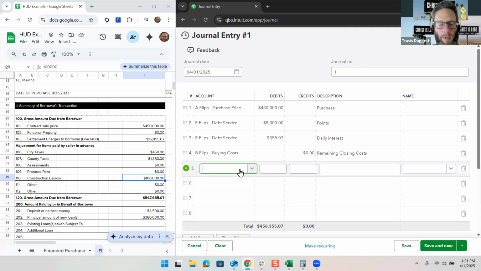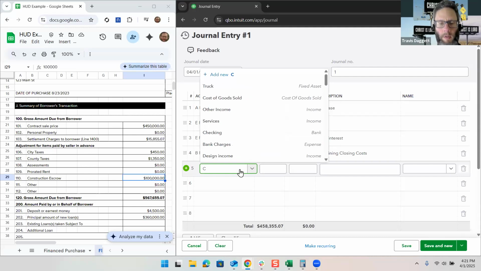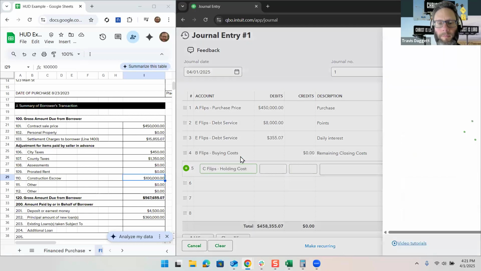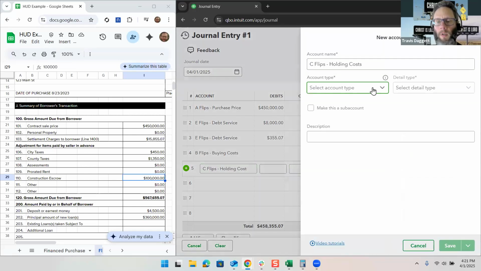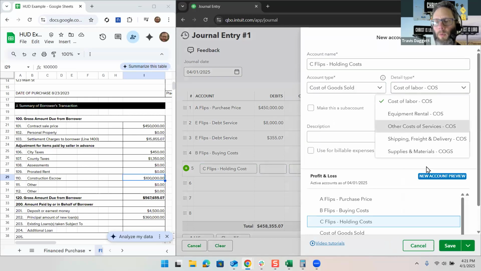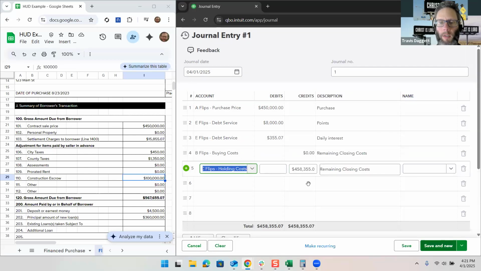Okay, and let's put in our holding costs. And again, we're booking everything to the P&L with these. So this will be our tax here.